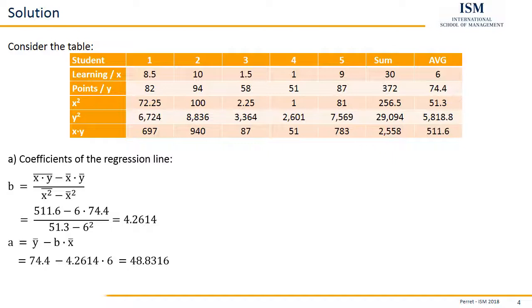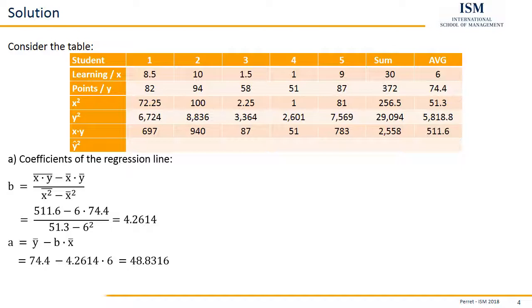With this interpretation we have finished part B, and we can turn to part C, calculating the coefficient of determination. For this we still need our regression line, because we need one additional row in our table, and this row needs to contain y hat squared. What's y hat? Y hat is the value we get when we insert the x value into our regression line.